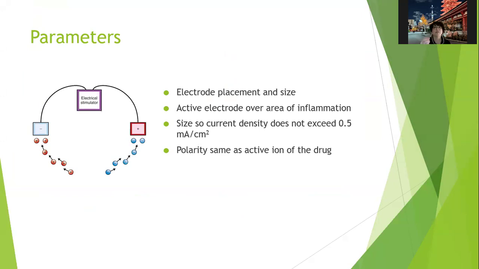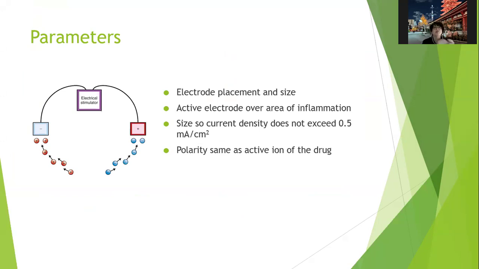So electrode placement and size: with dexamethasone, it's negatively charged. So you apply dexamethasone to the negative electrode and saline to the positive electrode. And you put the negative electrode over the area of inflammation. Say it's epicondylitis, you want that negative electrode right on their epicondyle.